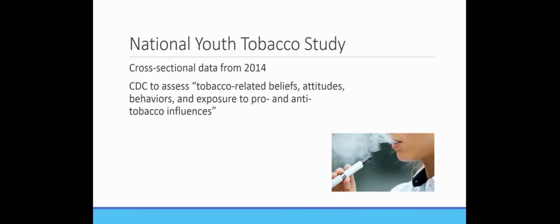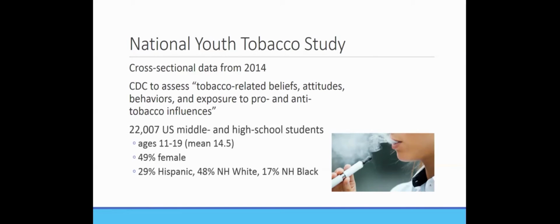So this study uses data from the National Youth Tobacco Study. It's a very straightforward and useful cross-sectional data set. These were data from 2014. This was commissioned by the Center for Disease Control and Prevention to assess tobacco-related beliefs, attitudes, behaviors, and exposures to campaigns and other influences by adolescents today. And so it's also a very large sample.